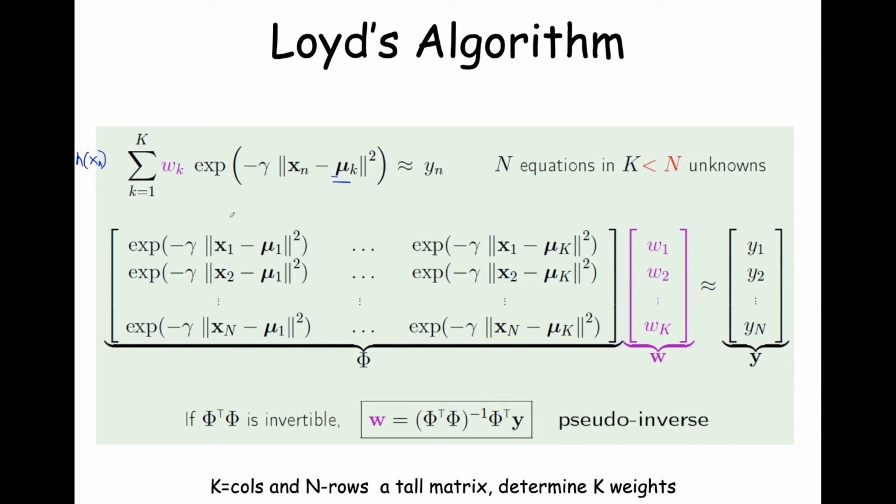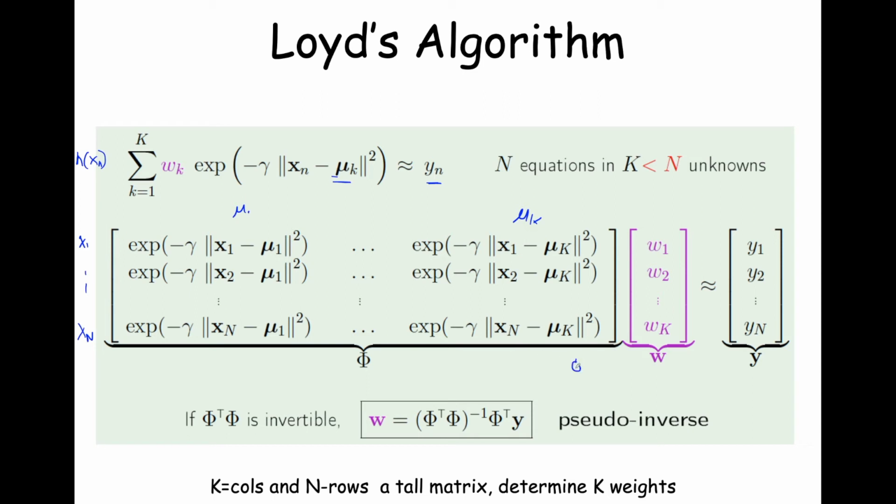So this is the first unknown corresponding to mu 1, and this is the kth unknown corresponding to mu k, and then this is the first equation corresponding to x1, and this is the nth equation corresponding to h, our hypothesis evaluated on x big N, the nth in-sample point. And so if this is invertible, which it is not because it's rectangular, then we could solve for the w that makes our h of x equal to our ground truth label y_n. And so to do that, well, what do we have here?